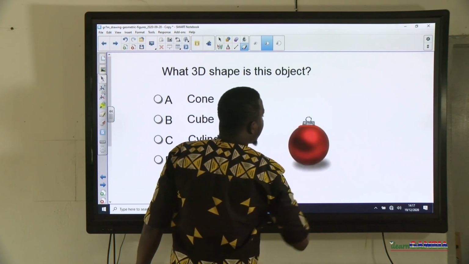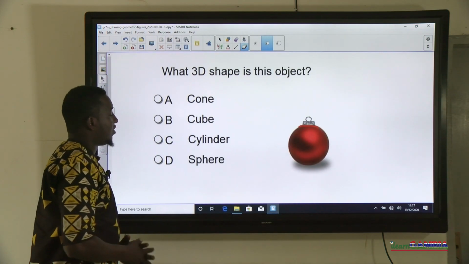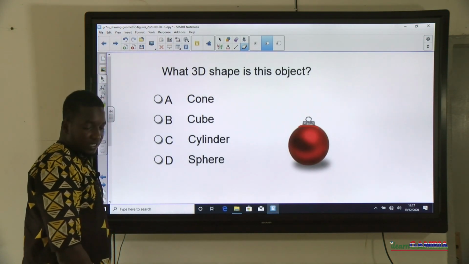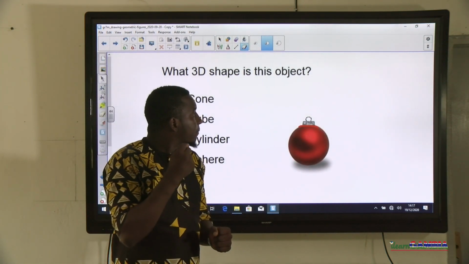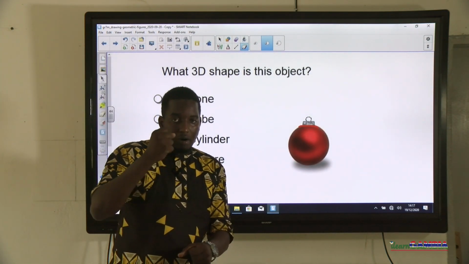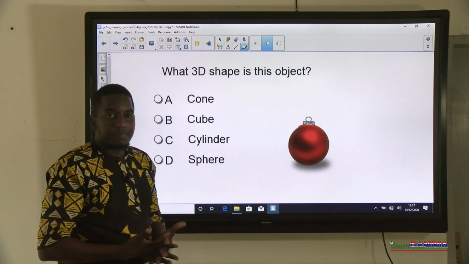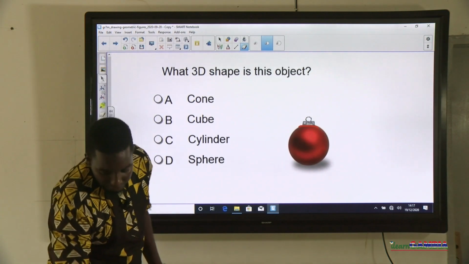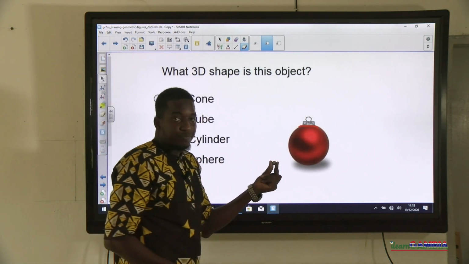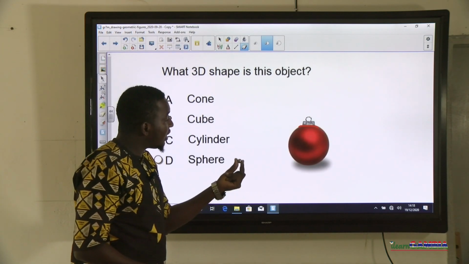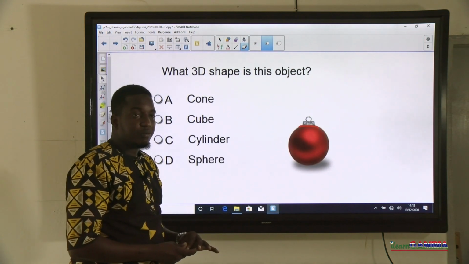Then finally, we look at the last option, and the last option says the object that we have is a sphere. Okay, let's see if it is a sphere. What did we say about spheres? We said they are 3-dimensional shapes or solid shapes that are perfectly round. If you look at the shape that we have, it resembles a marble, although there is something on it, but we are not considering that.